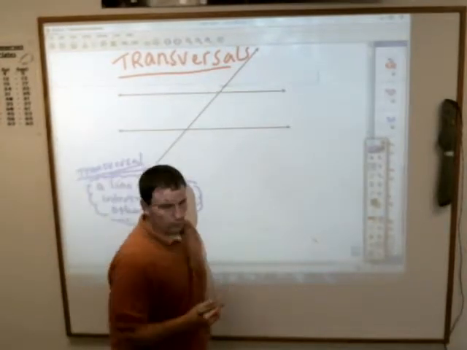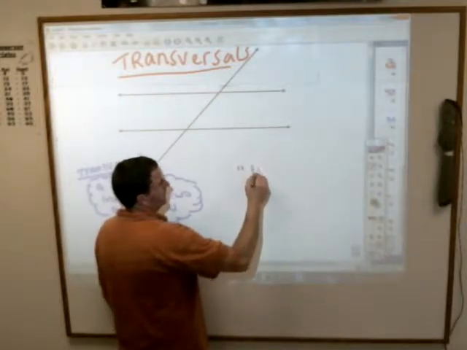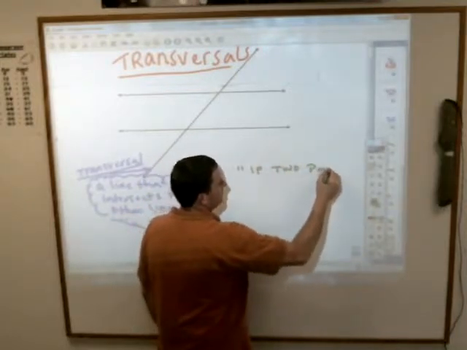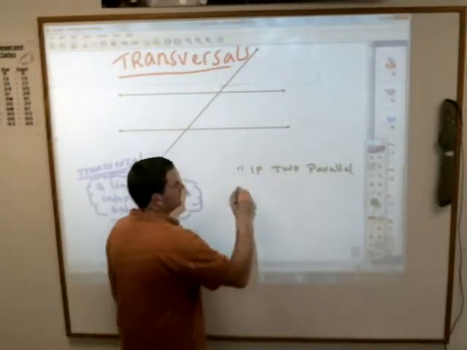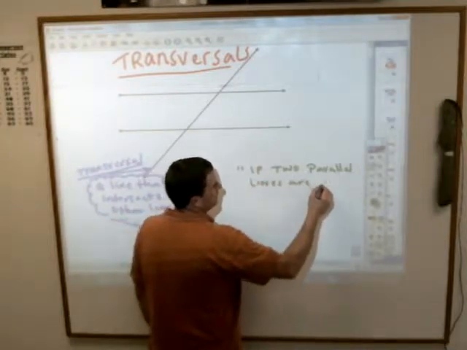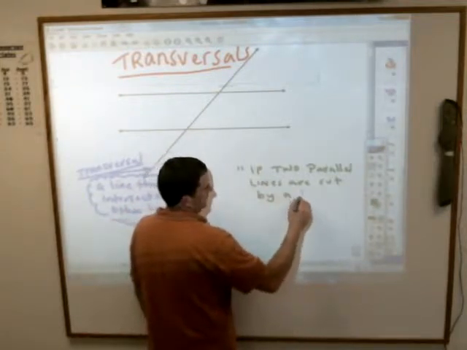Write this down word for word for me, please. In quotation marks: If two parallel lines are cut by a transversal.